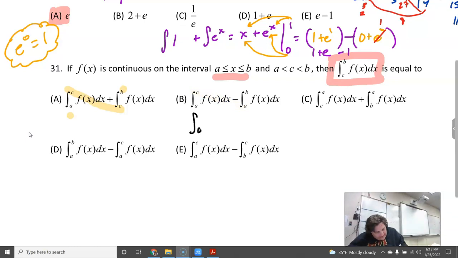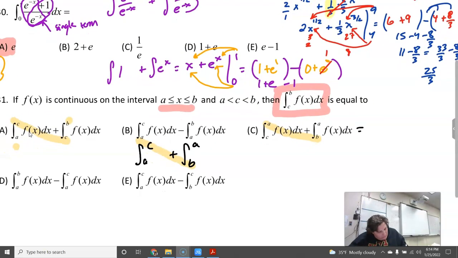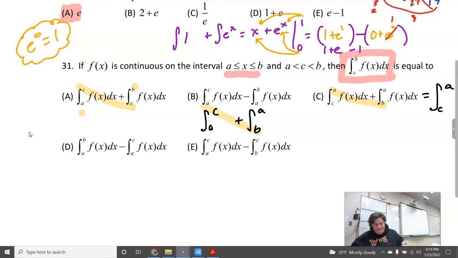So look, a to c plus, and then I would flip that, b to a. Those have to be the same. Nope, doesn't work. Those have to be the same. Ooh, that's looking good. But then it would equal c to a. That's not what I'm looking for. That doesn't work. I have another minus.